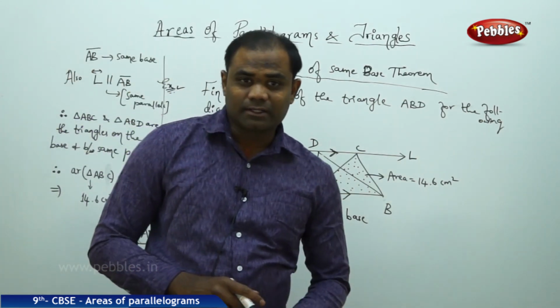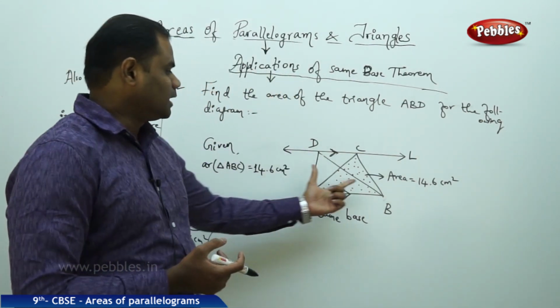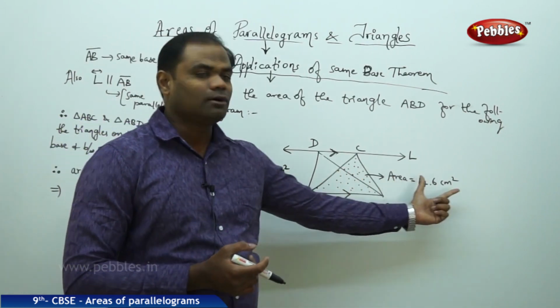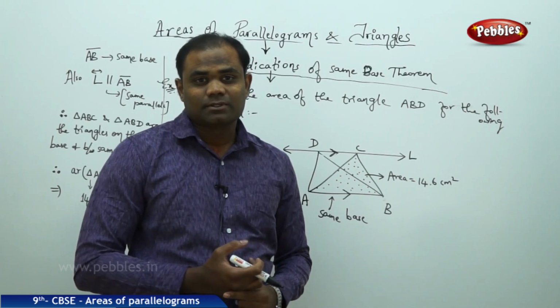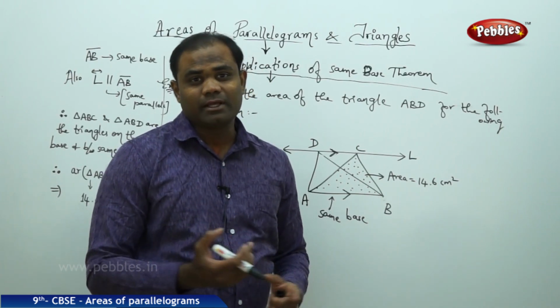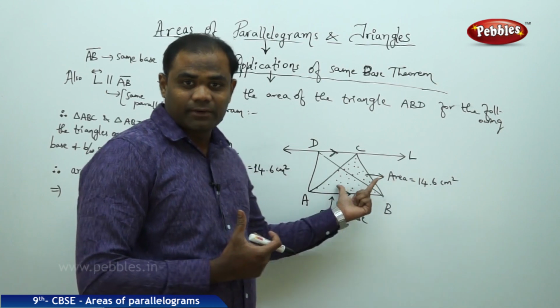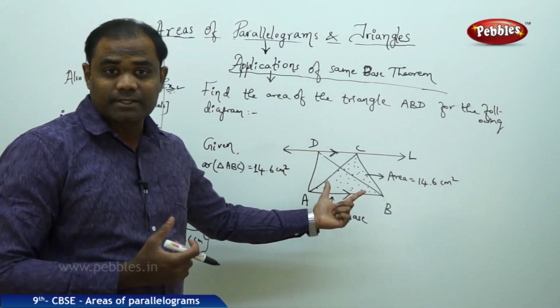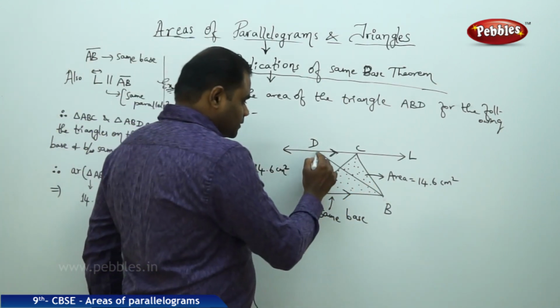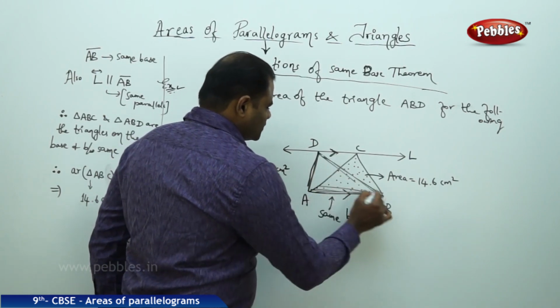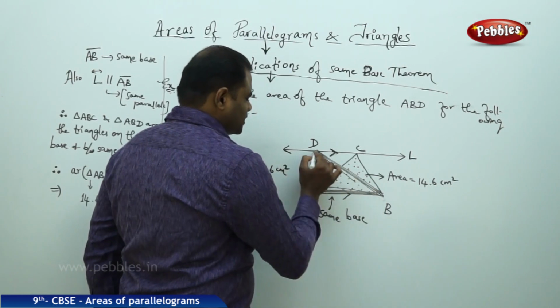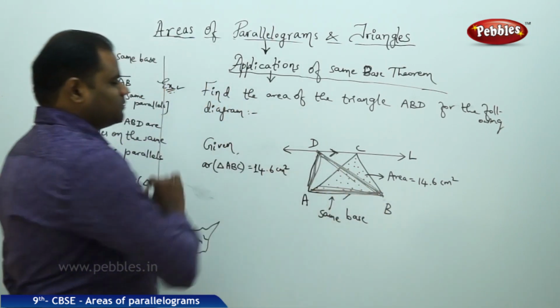Therefore, I can find the area of the other triangle using the area of the given triangle by using the same base theorem. Same base theorem helps me in applying the concept in real life. As in the case of this example, I wanted to find the area of this triangle, and I could do it by simply taking the same base theorem.